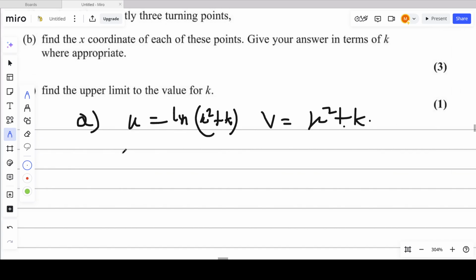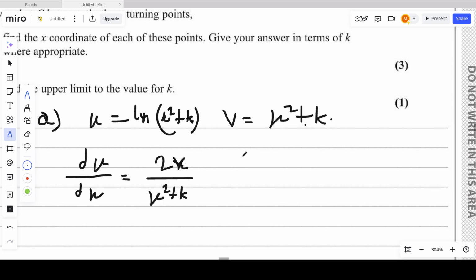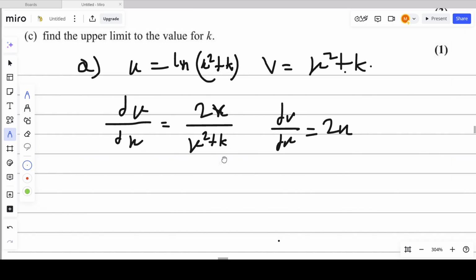Now we will differentiate them simultaneously. du over dx, you will get 2x over x squared plus k, and dv over dx would be twice of x.